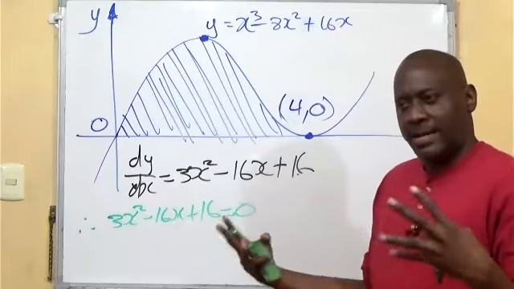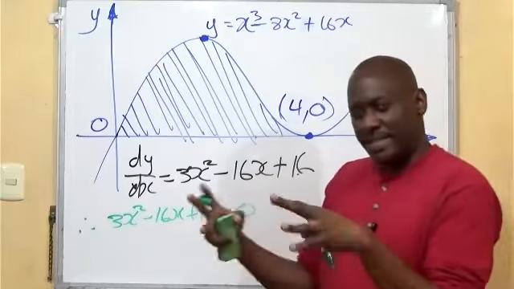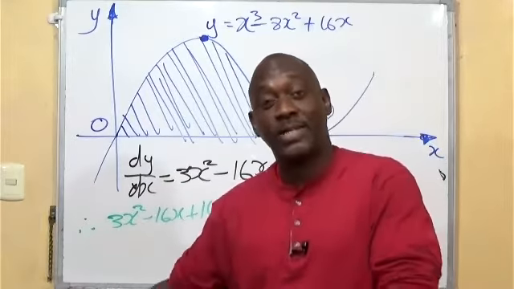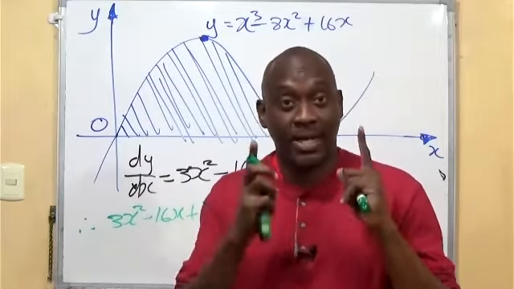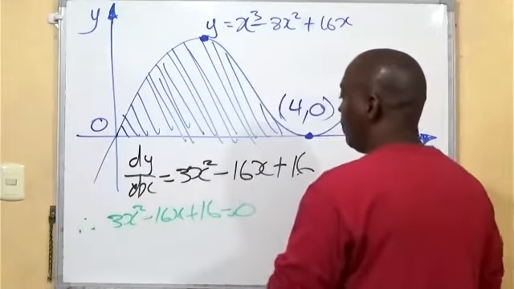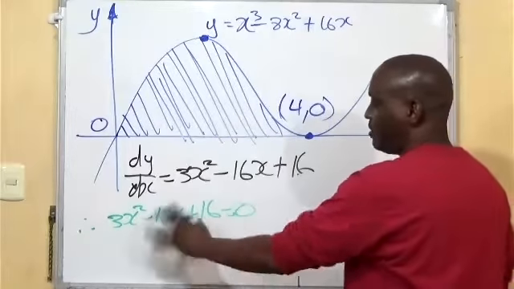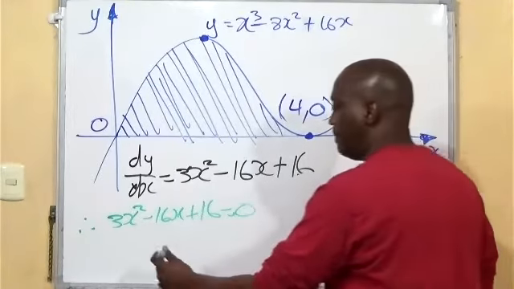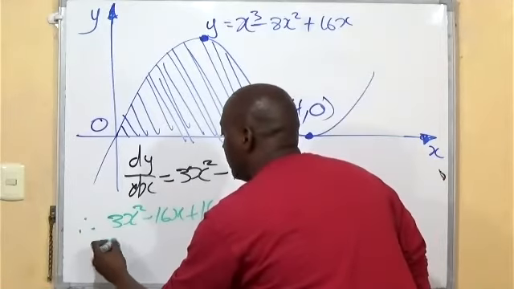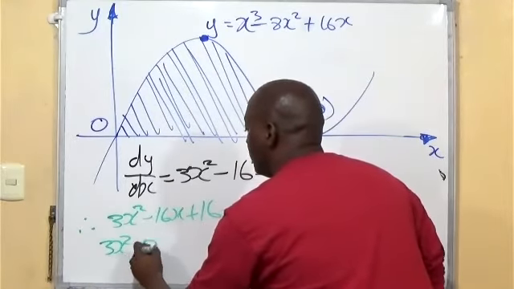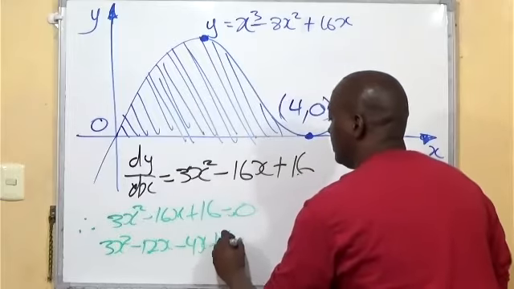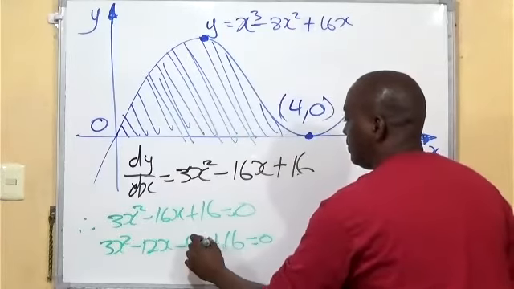Again, these are Add Maths students, so I treat it in a particular way. I'm not treating them with kid gloves. We deal with that with the Add Maths students. So I just run through that mentally because it's Add Maths. So you factorize, you get 3x squared minus 12x minus 4x plus 16 is equal to 0.